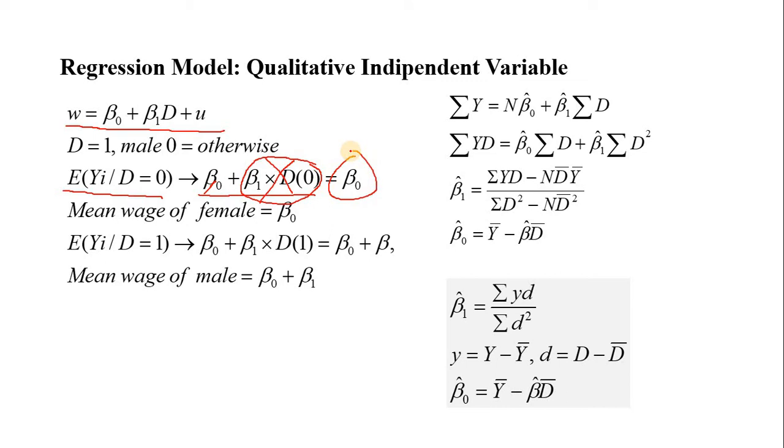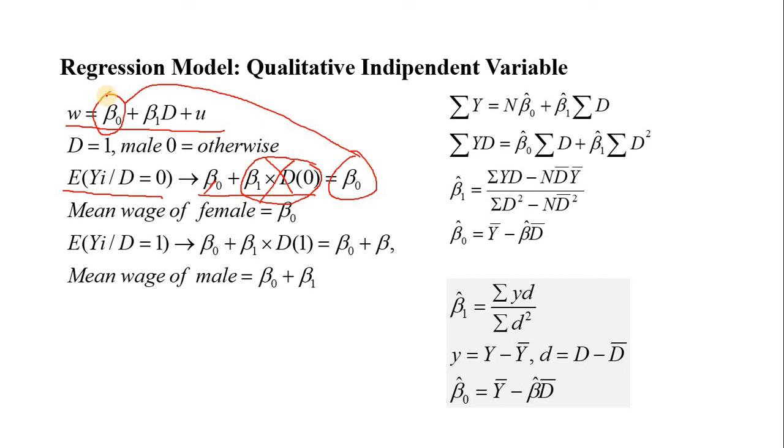So what is the average wage of those people to whom you have assigned 0? This will be your intercept. The intercept will always be the average value of those people to whom you have assigned 0.